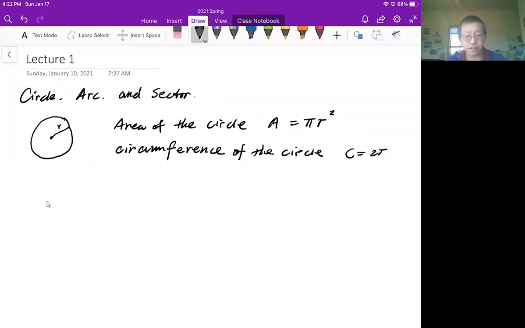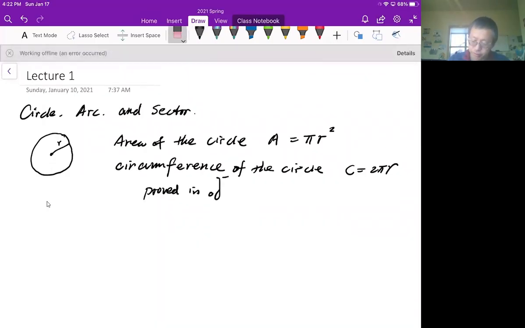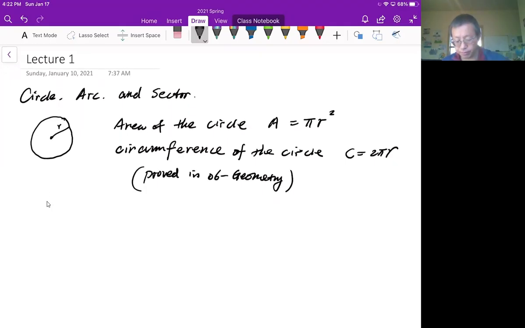Actually, in 06 geometry, we showed how we can get the circumference of the circle. So this was proved in 06 geometry, and I'm going to skip that.